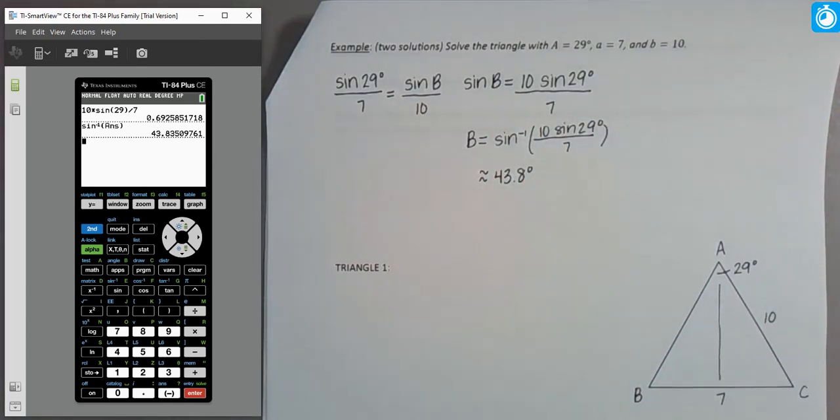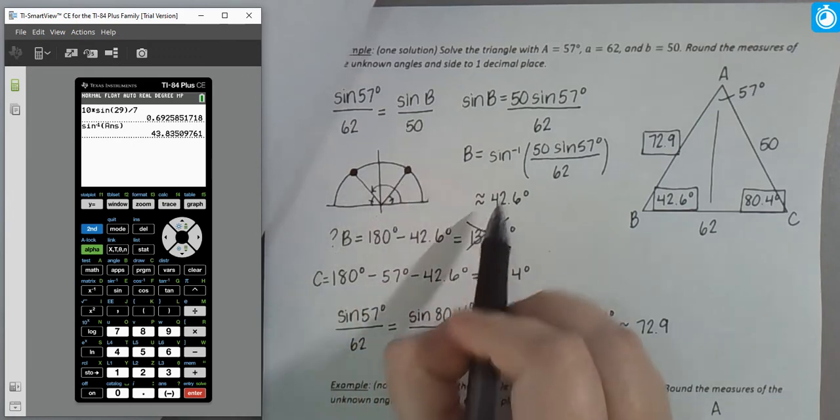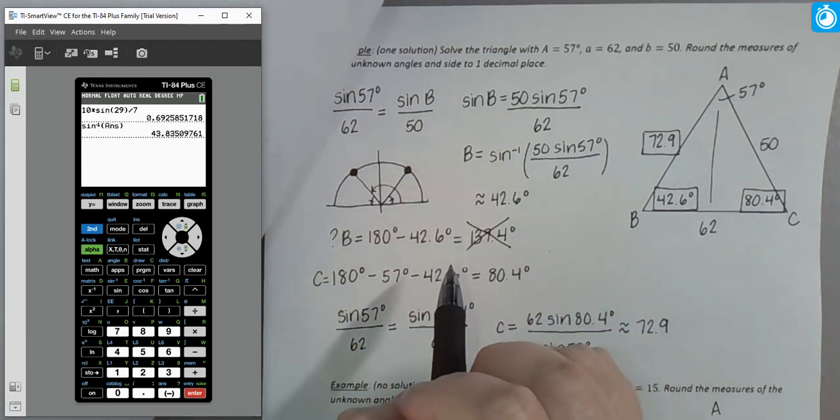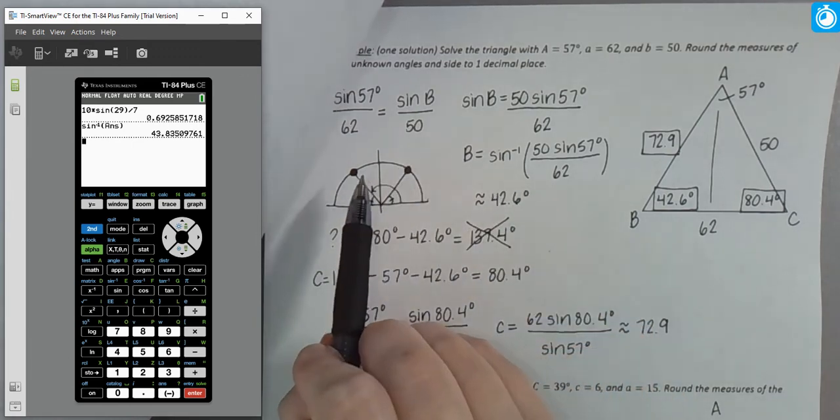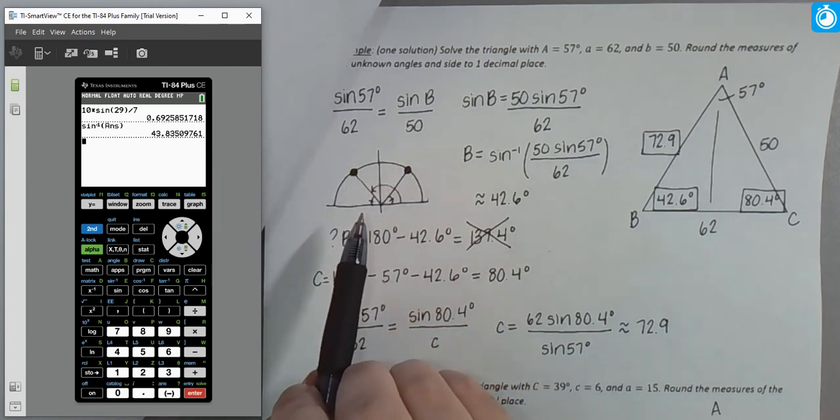Now, as with the first example we looked at, picture what that looks like. It looks something like this, pretty close to what we had. That means there's also an angle in the second quadrant that has the same y coordinate and therefore the same value for sine.